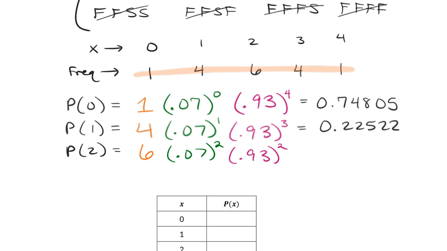Now again, if you're wondering why we are multiplying by the probability of success and failure, that's a great question. For me to get success, success, failure, failure independently, I would use the multiplication rule from chapter 5 to multiply 1 success times another success times a failure times a failure. I'm just shortening that into exponents so I don't have to write those numbers over and over again. We would get 0.02543.